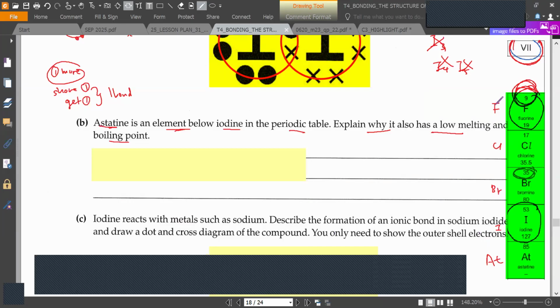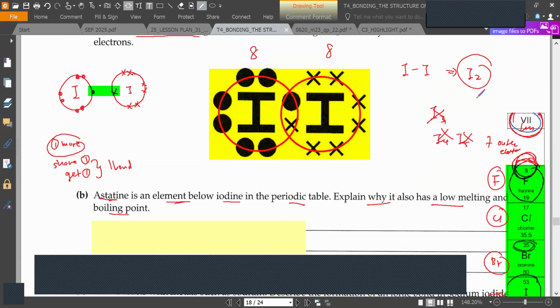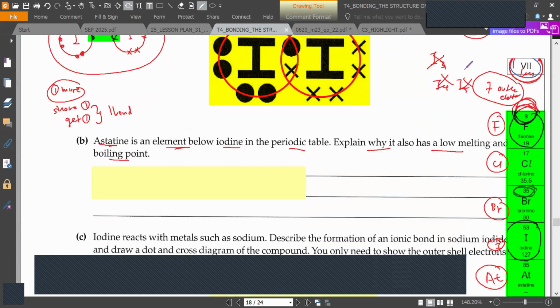We have 1, 2, 3, 4, 5, so they are all in group 7. They all have 7 outer electrons. When iodine has 7 outer electrons, it forms I2. Whenever you have 7 outer electrons, you will always form a diatomic molecule.